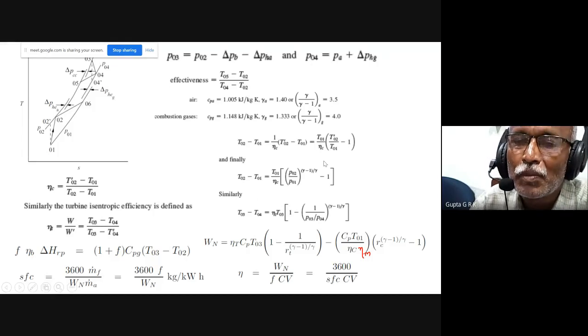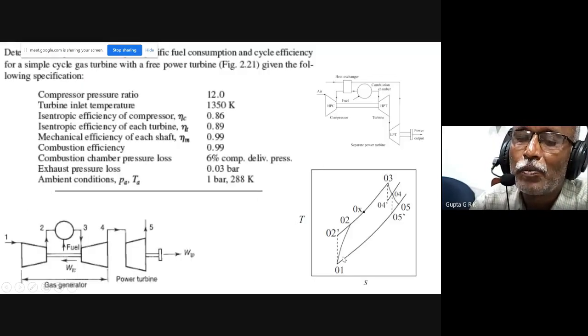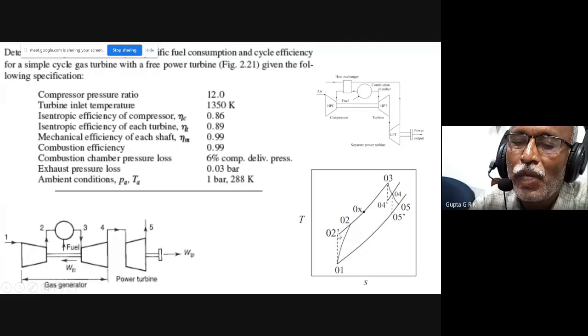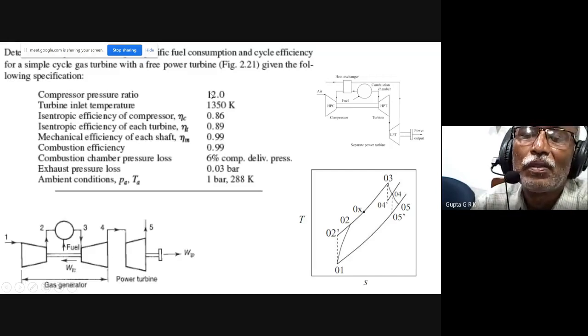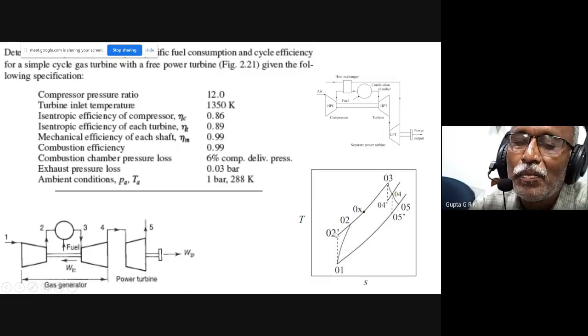If you don't want to remember, I can go point by point. First 01, then 02 dash. P02 dash is pressure ratio into P01. Pressure ratio is 12, so 12 into 1, 12 bar. Then T02 dash by T01 is P02 dash by P01 to the power of gamma minus 1 by gamma. I can find out T02 dash.